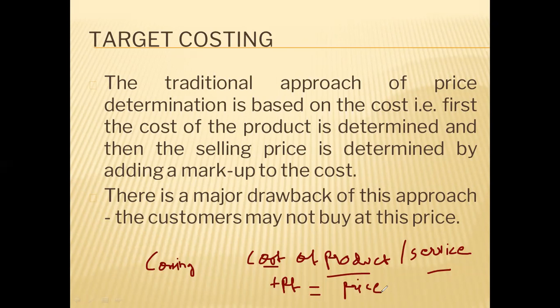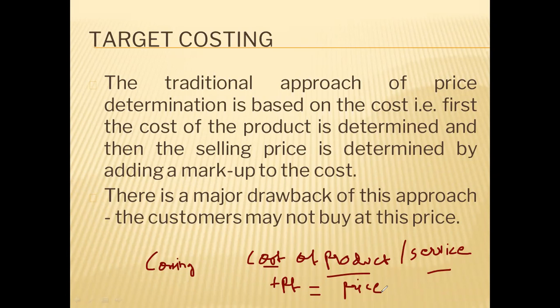So it is very important that you properly determine the cost of the product. There are various rules and standards available for determining the cost of a product or service. There are well set rules, cost accounting standards.